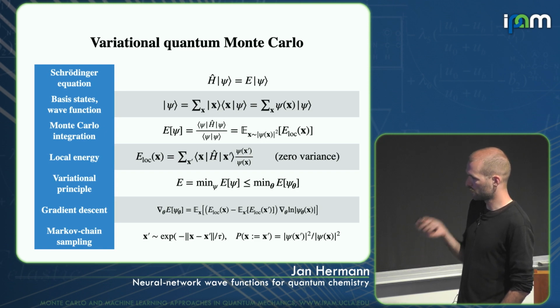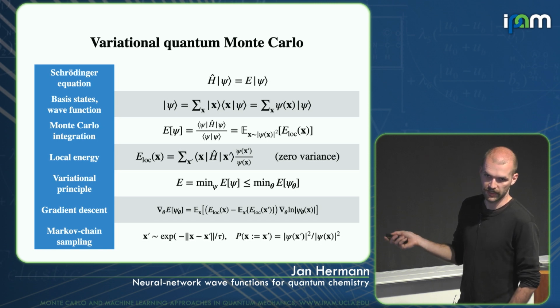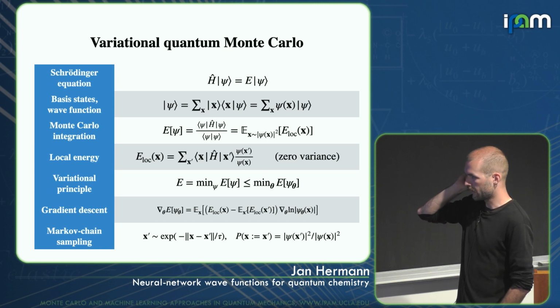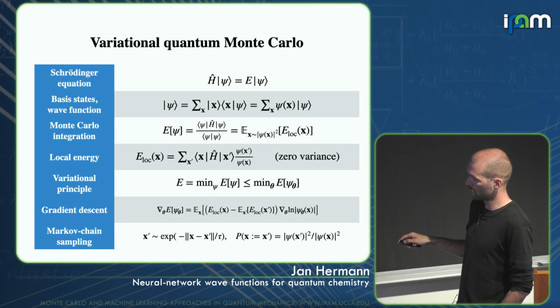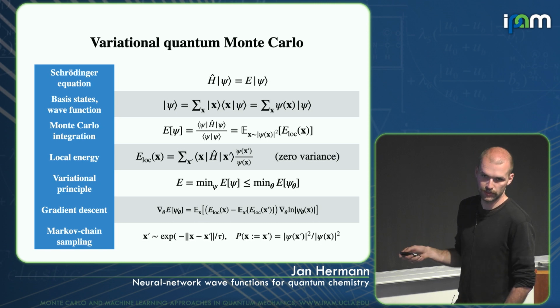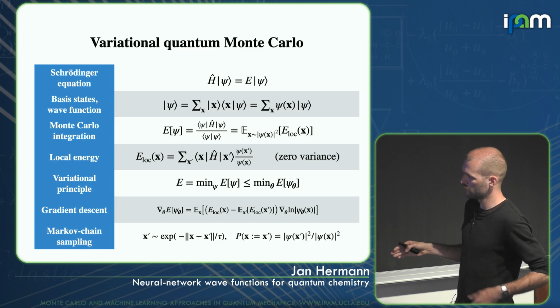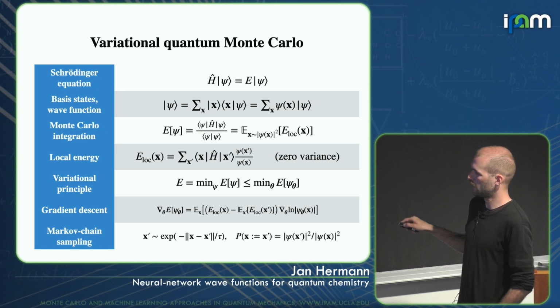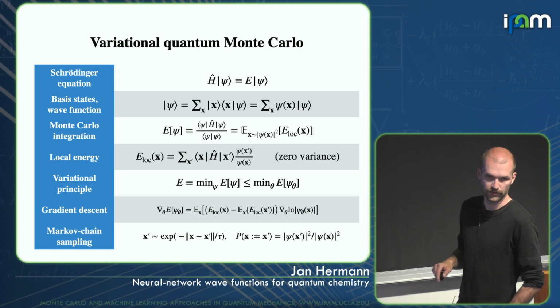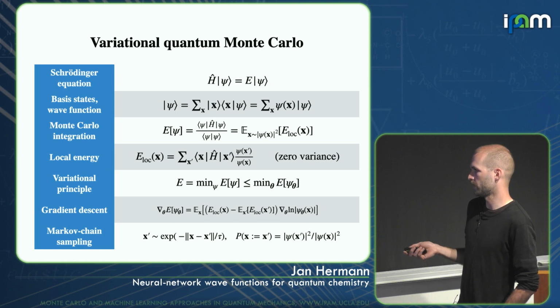And another important property here is that if you have an exact wave function, an exact eigenstate, then this local energy will be equal to the eigenvalue energy for any sample, right? So as you near the exact state, this sampling becomes more and more efficient because the variance goes down. This is a very nice property of quantum Monte Carlo.